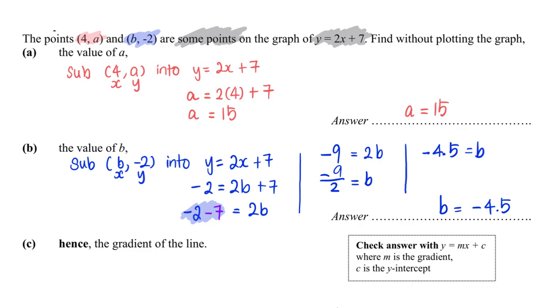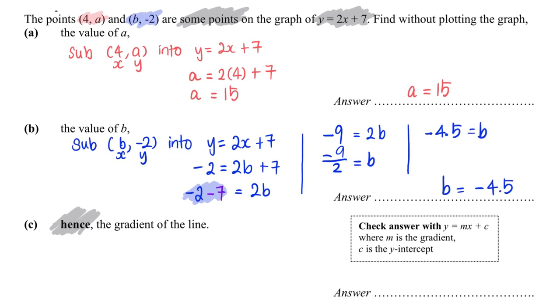Because of the word hence, we will then have to make use of this value of a and this value of b for the gradient. So gradient is simply y1 minus y2. So I will have my a minus -2.